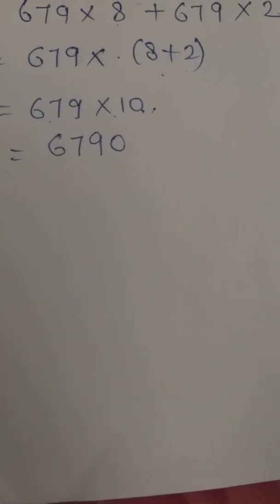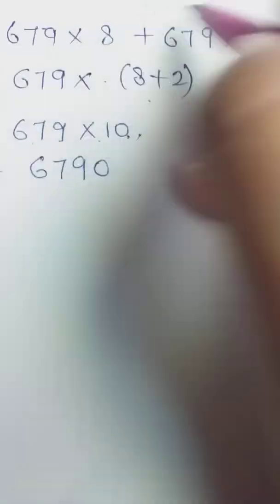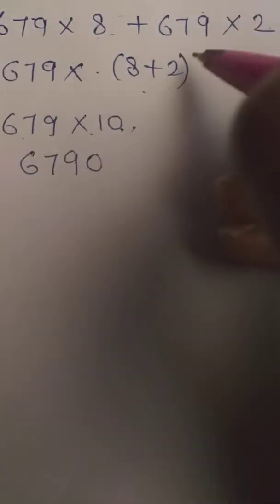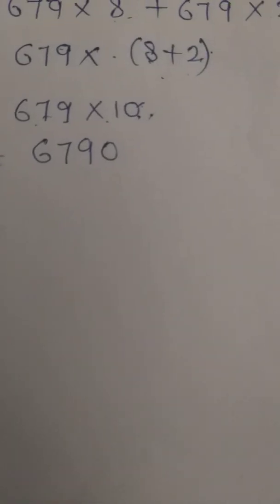Right, 6790. So using distributivity, we write the number in common first, then the rest of the numbers in a bracket. Try to evaluate, that is 8 plus 2, 10, then multiply the number.